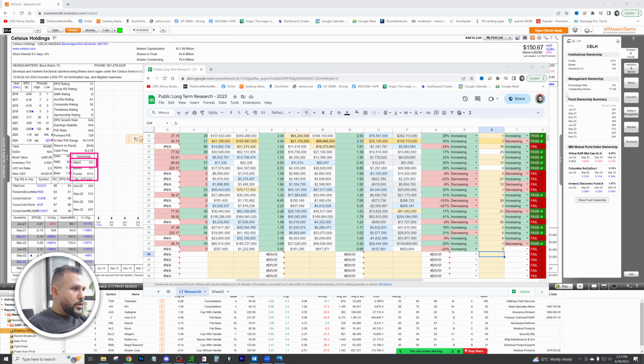To do that, we're going to come here on MarketSmith, look at the fund ownership, and this number right here is telling us that we went from 381, 407, 404, 400, 424, 512, 535, and 545. So pretty much from June 2021 to March 2023, funds have increased their position. All right, so we're going to plug this in as an increase, and it gave us a fail.